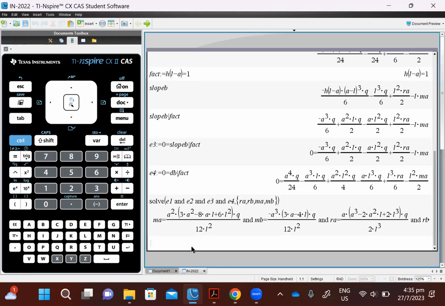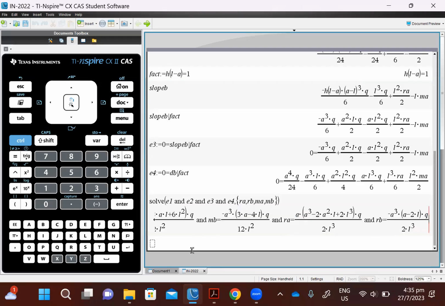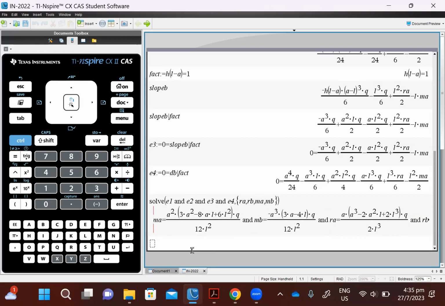I mean, since people are using ChatGPT to write their emails, why don't we use technology to do algebra? To see you've got the answers for the 4 reaction forces and moments. I think the algebra would be a bit tedious if you use the pencil and paper approach.